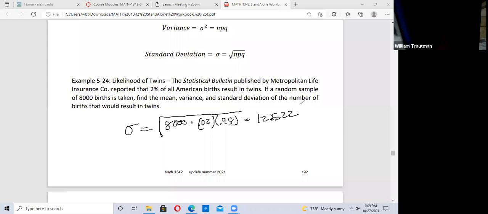And if we do the square root of 156.8, we should get the same answer. And you see, we got the same answer because when we multiplied all that, that was the variance, 156.8. When you take the square root, you get 12.52. So you could have used the answer before and just taken the square root of that.